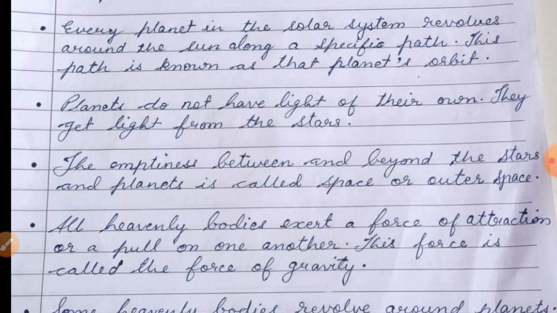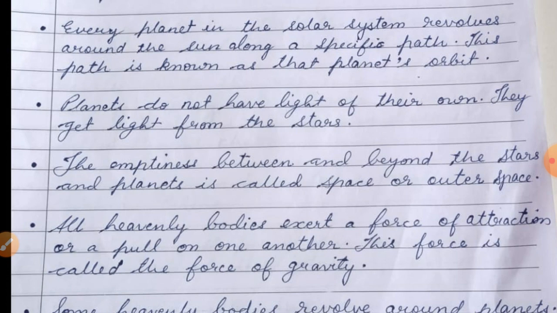Next, every planet in the solar system revolves around the sun along a specific path. This path is known as that planet's orbit. Next, planets do not have light of their own. They get light from the stars.